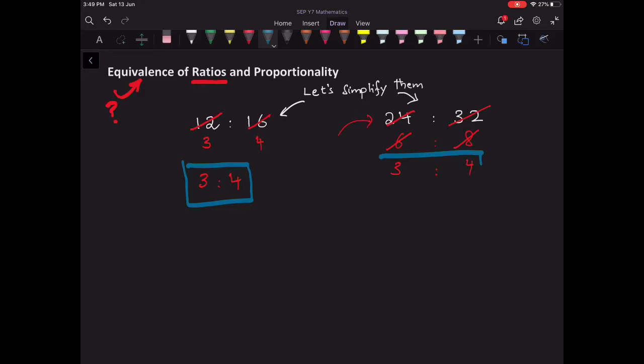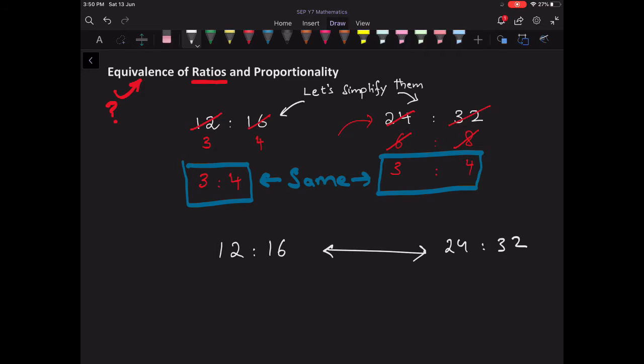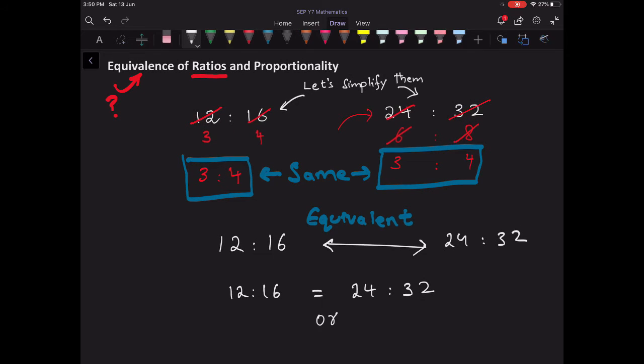You can see that both the ratios are simplified to the same ratio. This means that 12:16 and 24:32 are equivalent ratios. Equivalent ratios can be equated, which means 12:16 is equal to 24:32, or 12/16 is equal to 24/32.